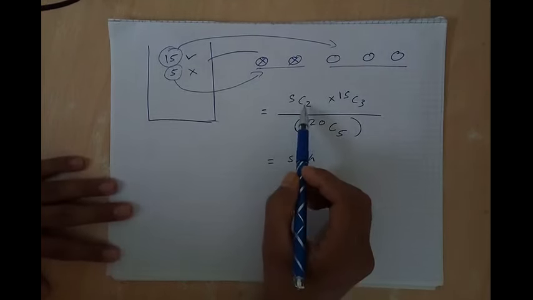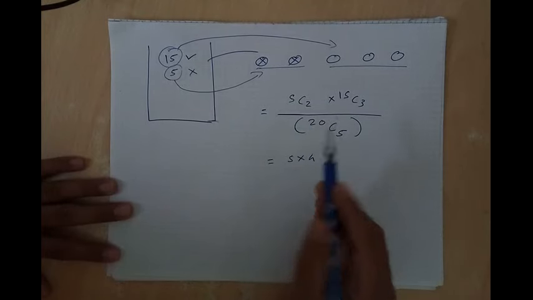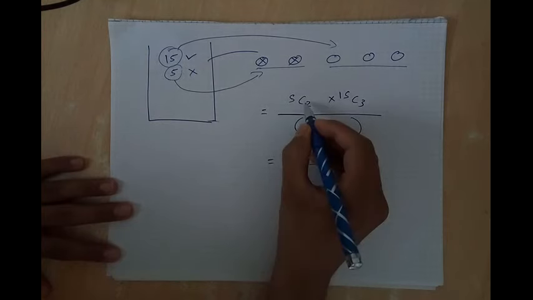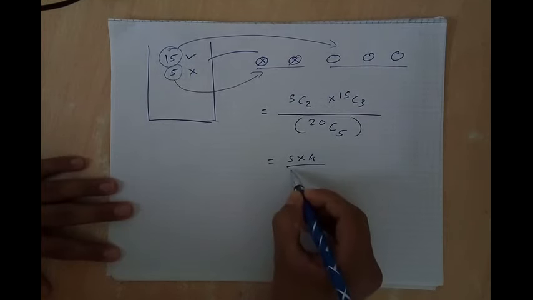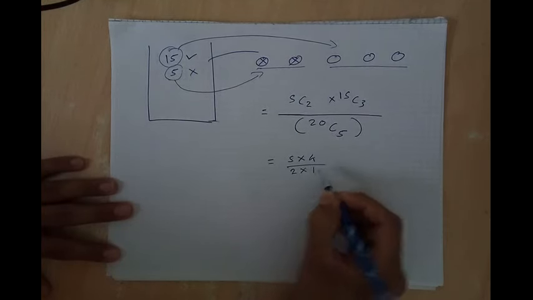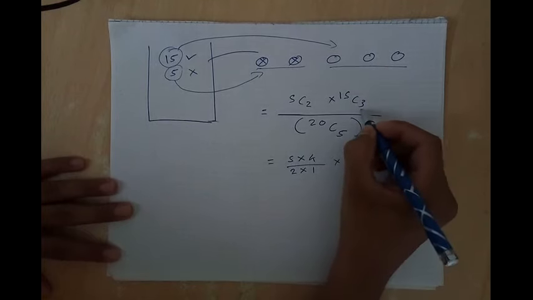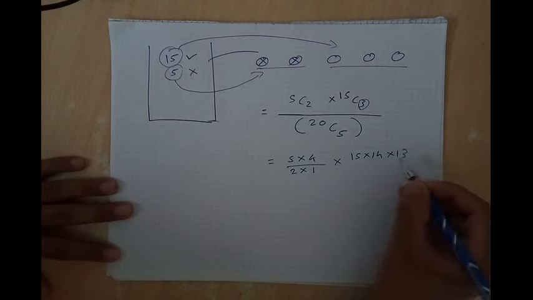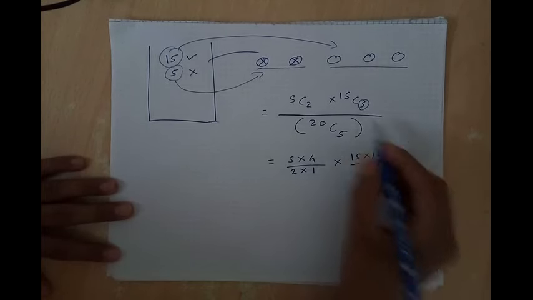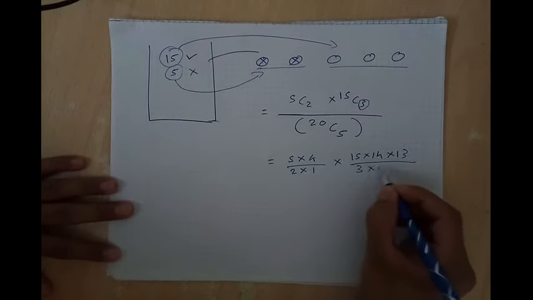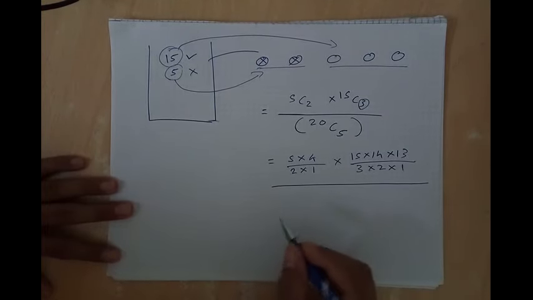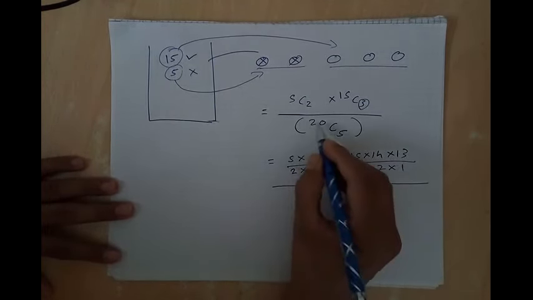Since 2 is written in 5C2, we go up to 2 terms, and in the denominator we write 2 times 1. Now for 15C3 it is 3, so 15 times 14 times 13, which is 3 terms, and similarly 3 times 2 times 1 because it is 3. So this is the formula for combination.